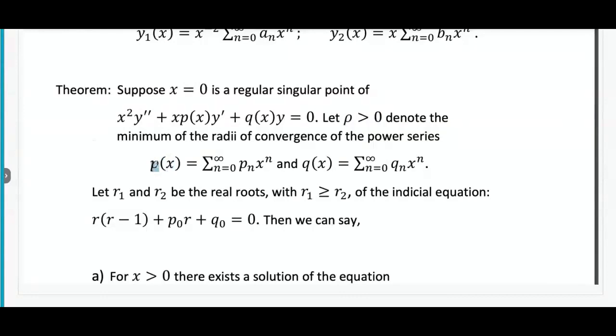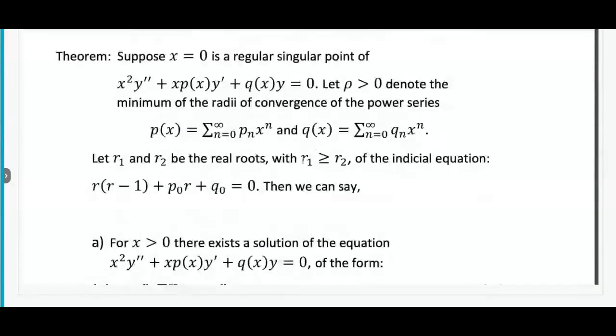Right? So this is our power series, and this is our power series. We have a positive number to be the radius of convergence for this one and for this one. So let R1, R2 be real roots, and R1 might be the bigger one, of the initial equation.